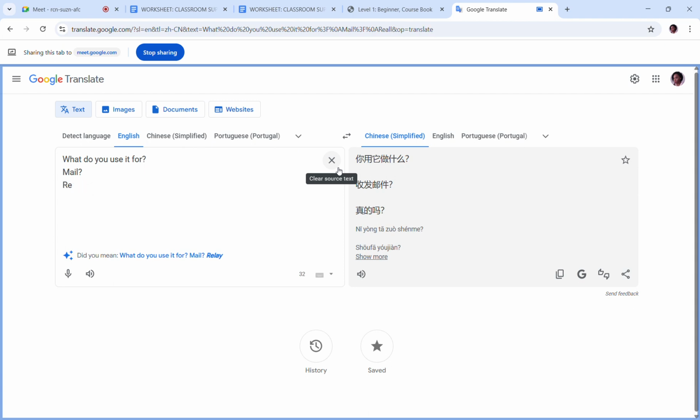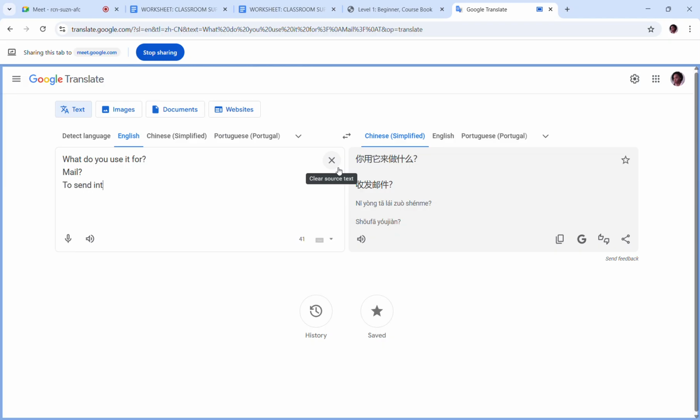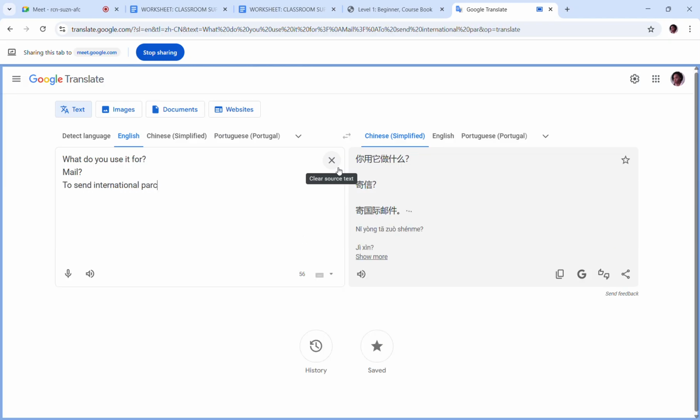Parcels. Okay. Maybe to send international parcels, right? Yes, maybe from South Africa to China, right? But you pay taxes for that, right? Taxes for that, yeah. I think so. The post office.